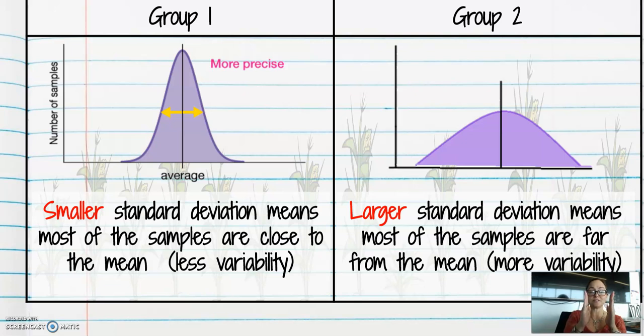So 68% would fall within a smaller range, and then 95% would fall pretty close to each other. Versus in group 2, when you had lots of different heights of corn, your standard deviation is going to be larger because there's more variation in our data. So to show 95% of your corn sample with some very tall, some very short, your standard deviation would be greater.